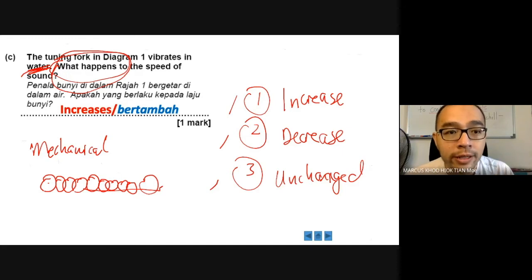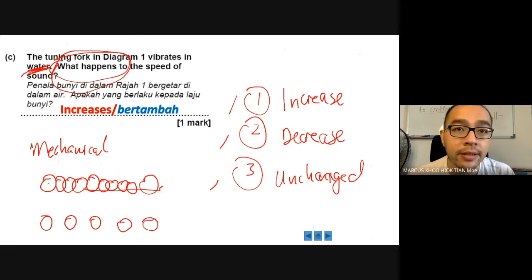But in water, the molecules are a little bit further apart. So if I start vibrating this molecule, the next one is also going to vibrate because they are holding hands, but it is going to take a slightly longer time compared to the solid.